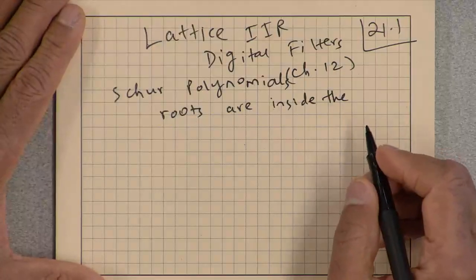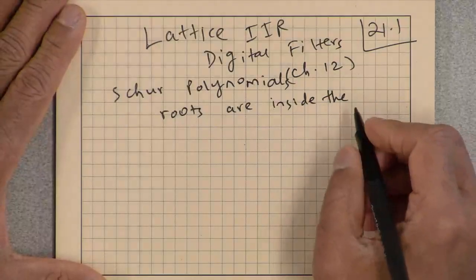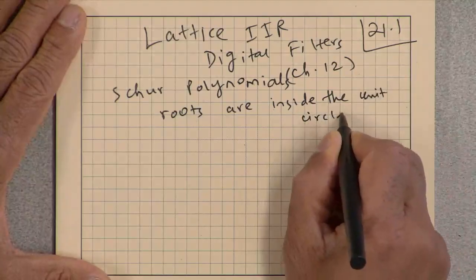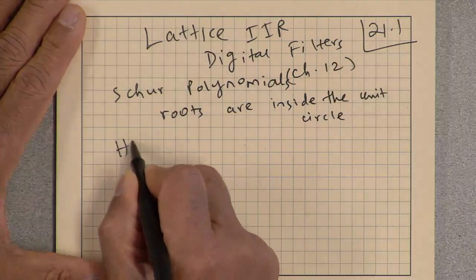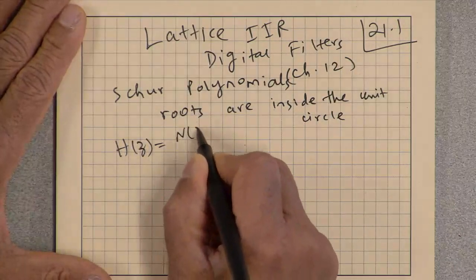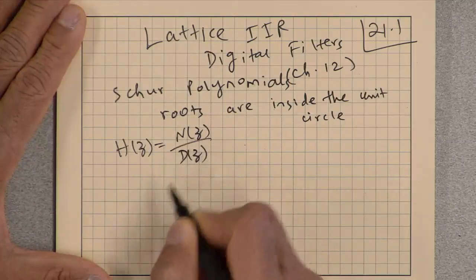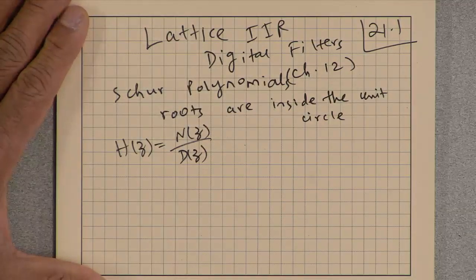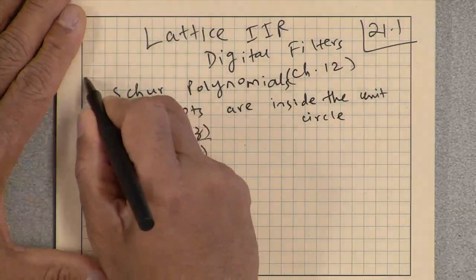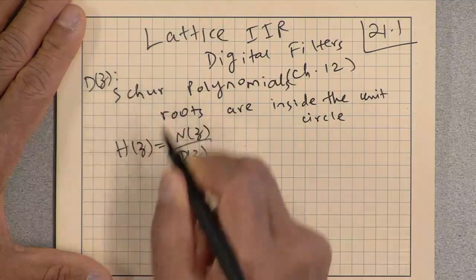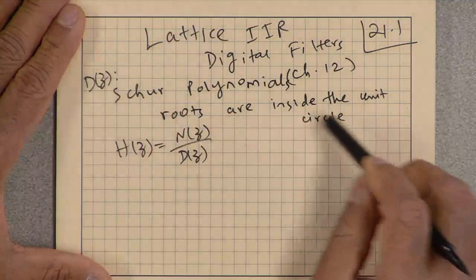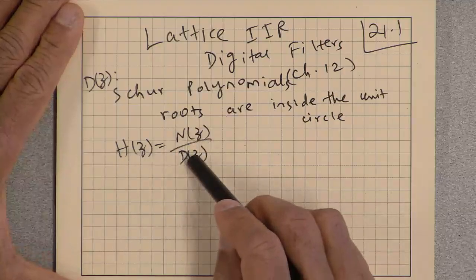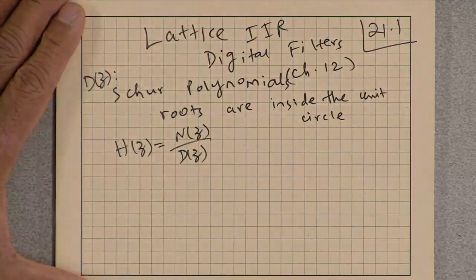Yeah. So Schur polynomials are polynomials whose roots are inside the unit circle, and that is what we need because in a transfer function, the roots of the denominator are the poles of the filter, and the denominator itself should be a Schur polynomial such that its roots are inside the unit circle, and that means the poles of the filter are inside the unit circle, and that means it's stable.